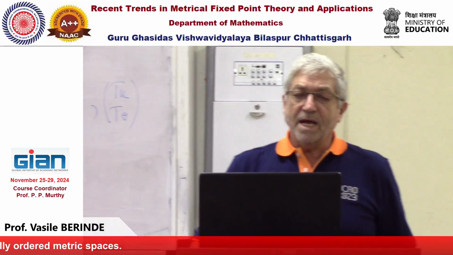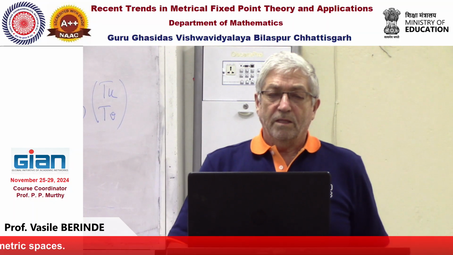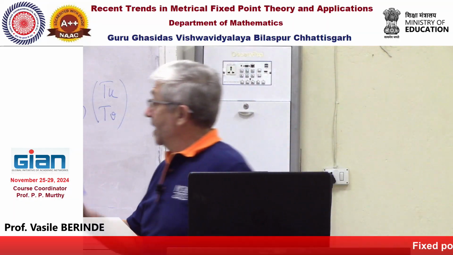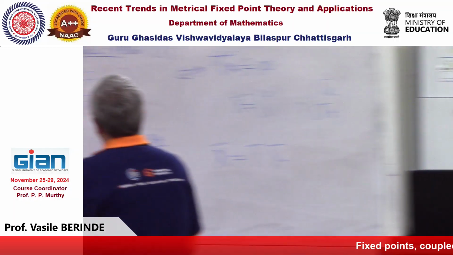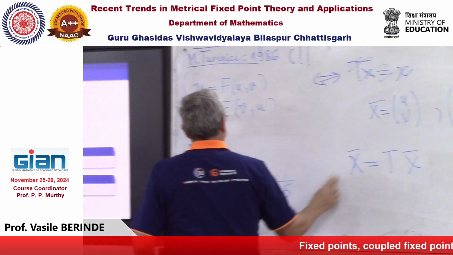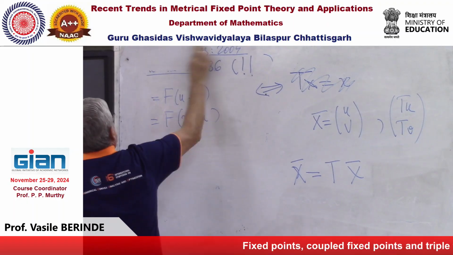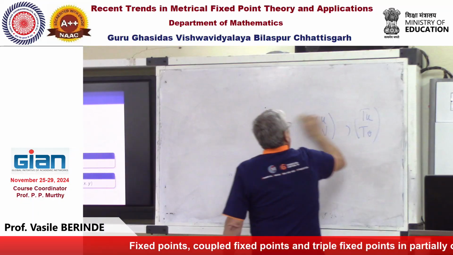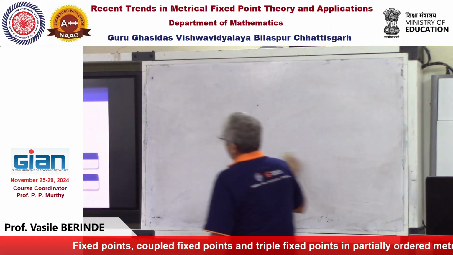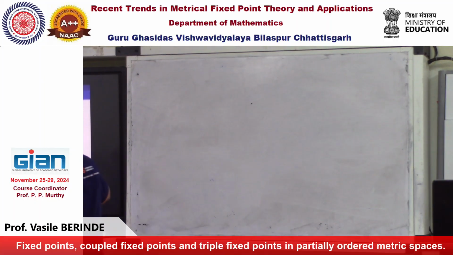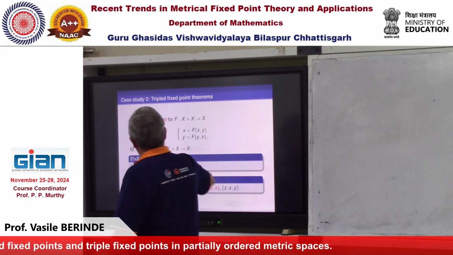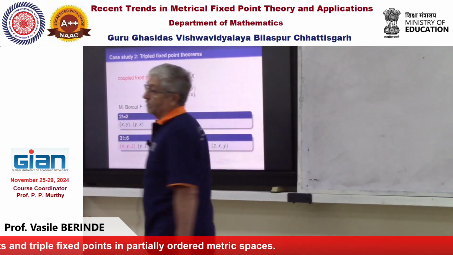So there are many other developments. I just want to tell you about another development in the remaining time. I showed this result to one of my PhD students, and I thought, look, this is a coupled fixed point.